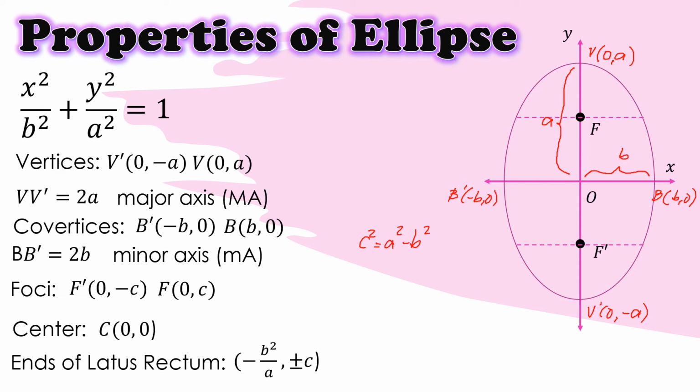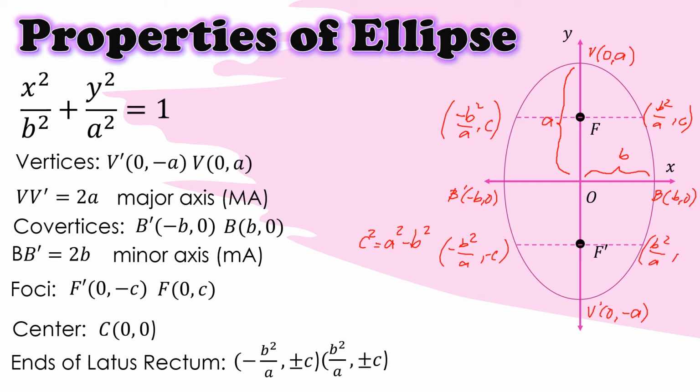Hence, the ends of latus rectum are at negative b squared over a, c; negative b squared over a, negative c; and b squared over a, c; b squared over a, negative c.